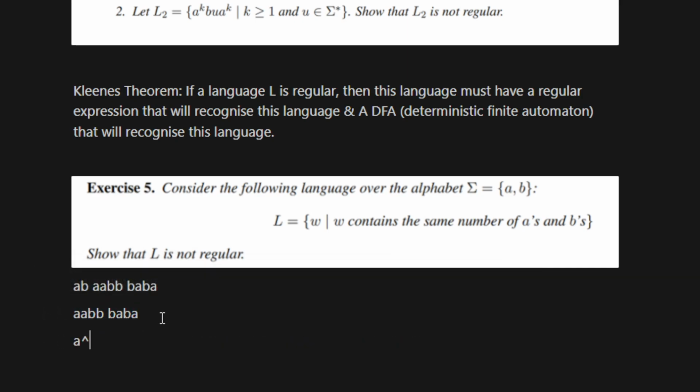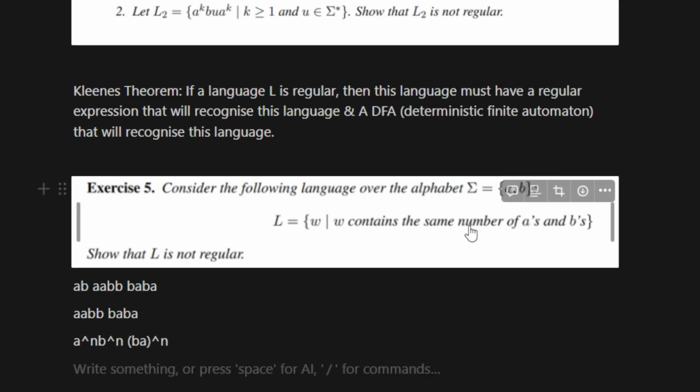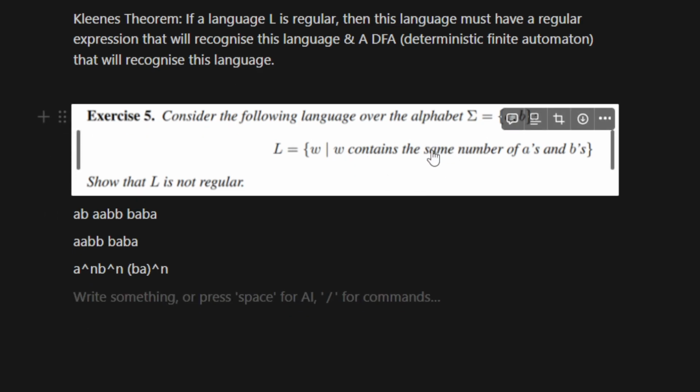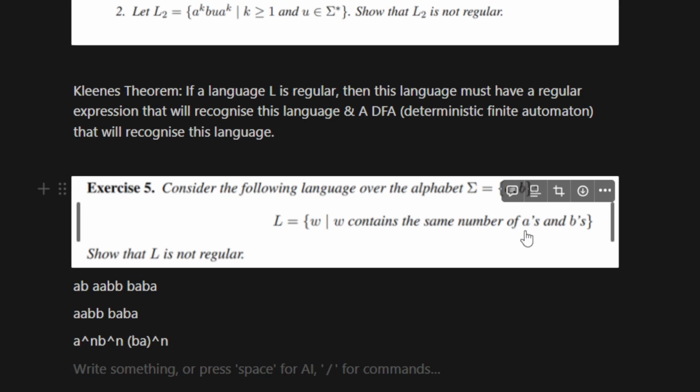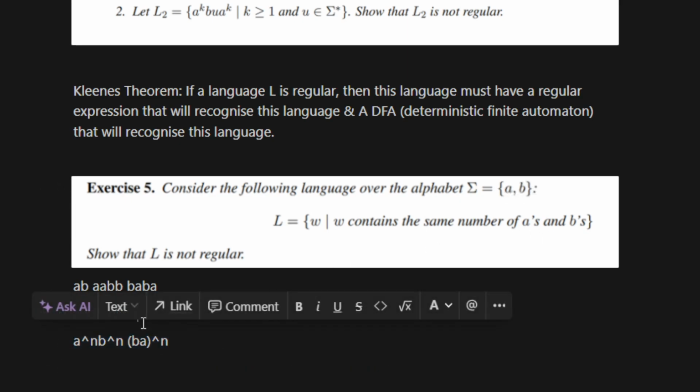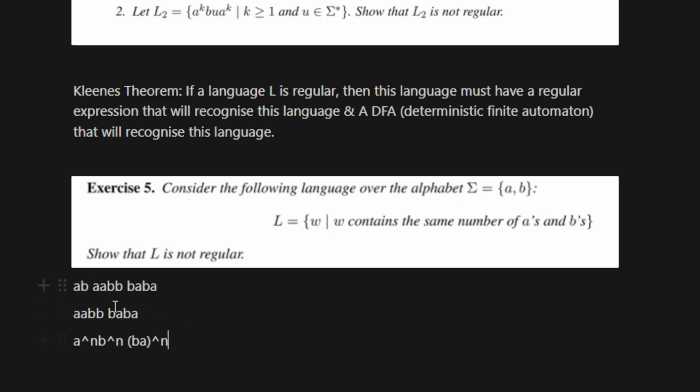Like, one has a pattern A to the power of n, B to the power of n, but the other has a pattern of BA to the power of n. But because we're only considering the number of A's and B's, we don't need to consider each case separately.